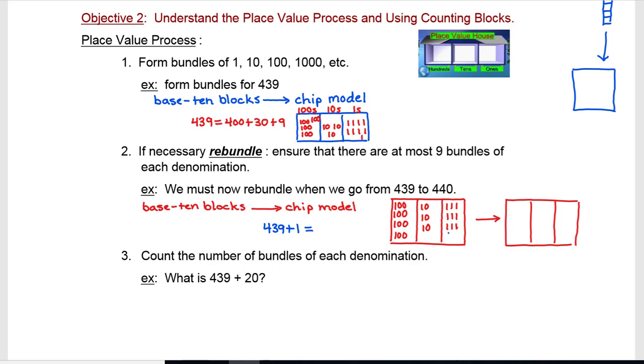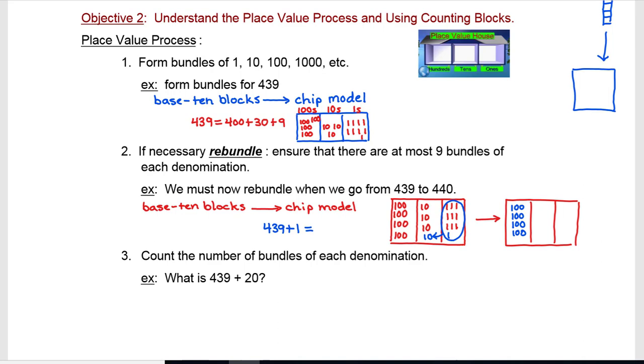So if we add 1 right here, then what's going to happen is we're going to take all of these things and we're going to rebundle and say, hey, I have 10 ones, which I can now move to the 10 spot. So what I have now is 1, 2, 3, 4.